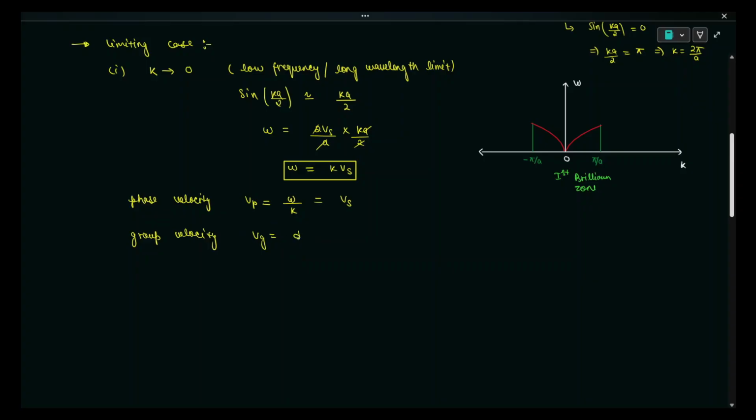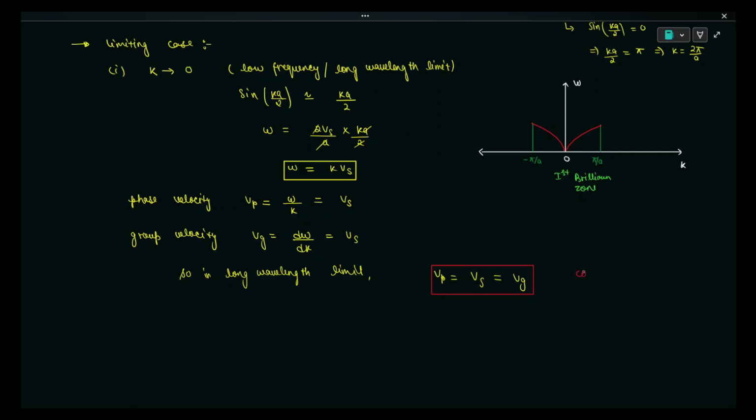It is given by d omega by dk, and in this particular case also it is equal to Vs. So in the long wavelength limit, the phase velocity is equal to the sound velocity, and it is equal to the group velocity. This is an important result to remember, because it is a similar situation to what happens in a continuous line.